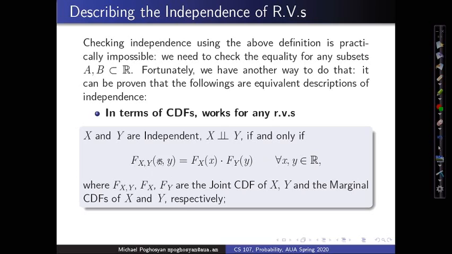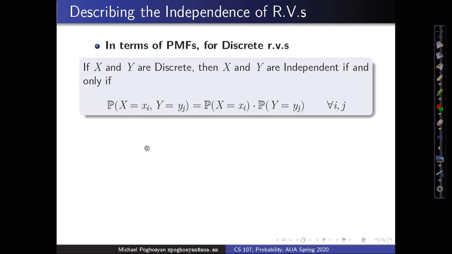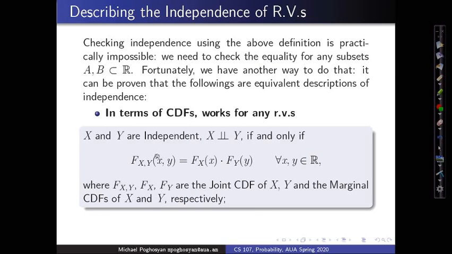So F_XY(x,y) is the joint CDF for this pair, F_X(x) is the marginal CDF for X, and this is the marginal CDF for Y at the point y. If we have this condition for any x and y, then X and Y are independent. If they are independent, then I will have this condition.